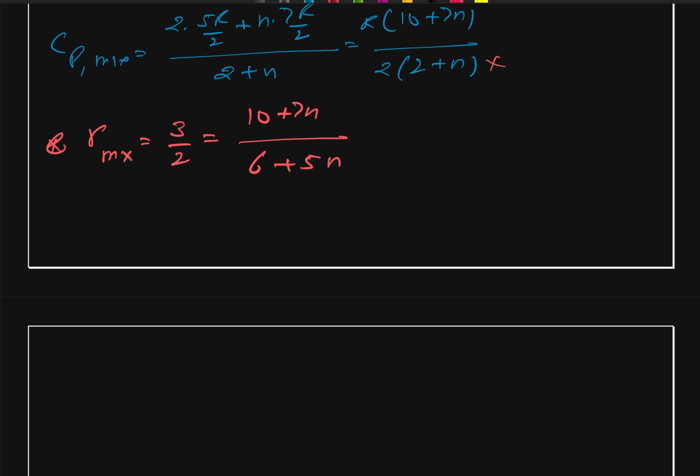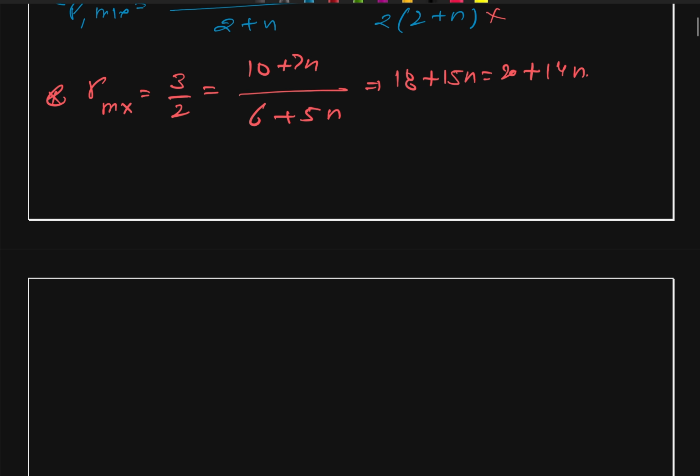So now it is quite easy to solve. We just cross multiply. We get 18 plus 15n is equal to 20 plus 14n, and it will come as n is equal to 20 minus 18, which is 2.